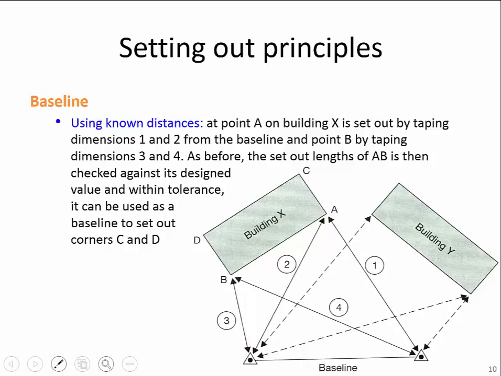The third method is using known distances. In this case, we've got our control points here and here where the little triangles are. We just need to know the distances from each control point to the design points. And as long as we've got the distances from two control points, we don't need any other angles, we can always find that location.